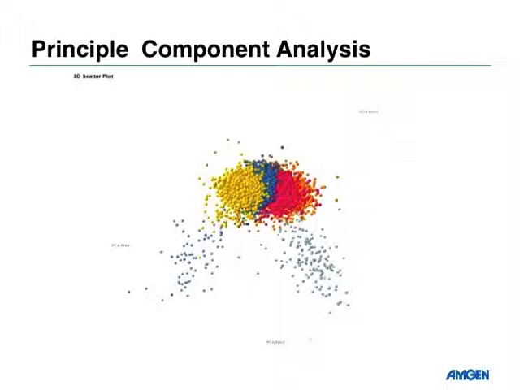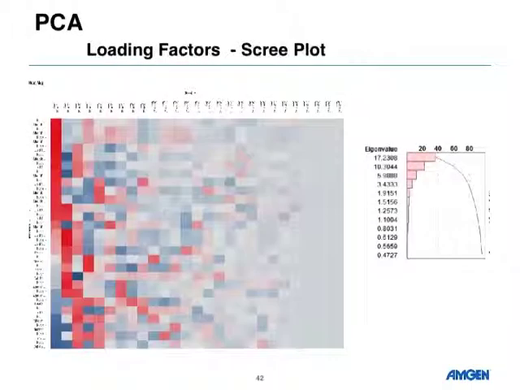The second principal component is orthogonal to that line, describing the greatest difference in the population that wasn't found in my first axis.